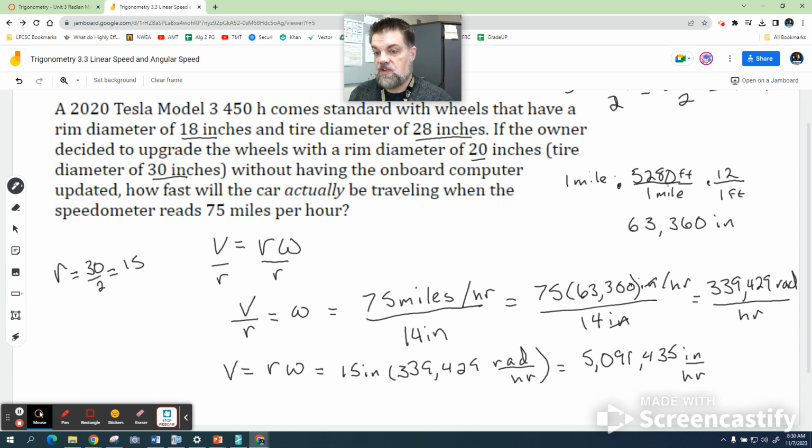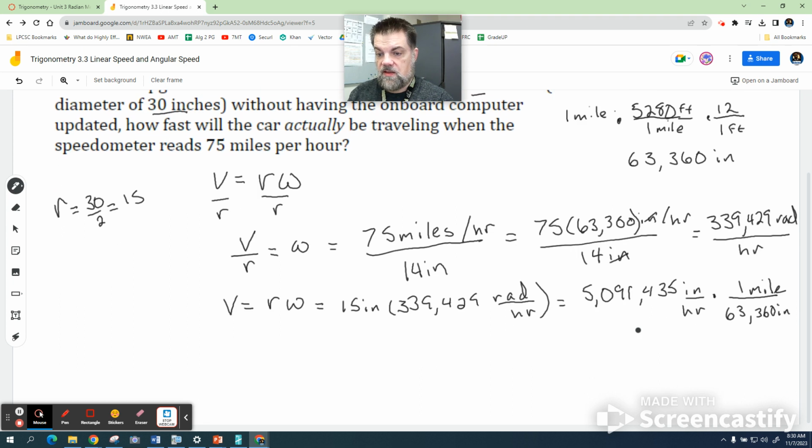But now I've got to convert that. Remember that there are 63,360 inches in 1 mile. The inches cancel, and when you do the math on that, it's about 80 miles per hour.